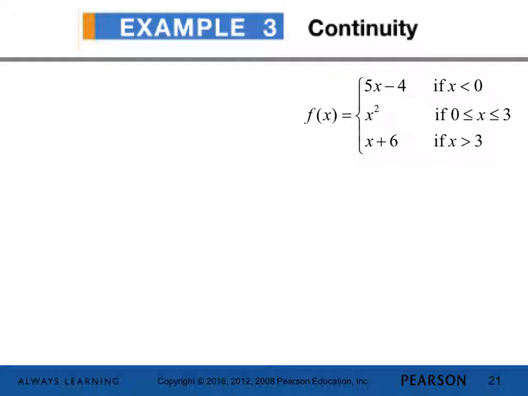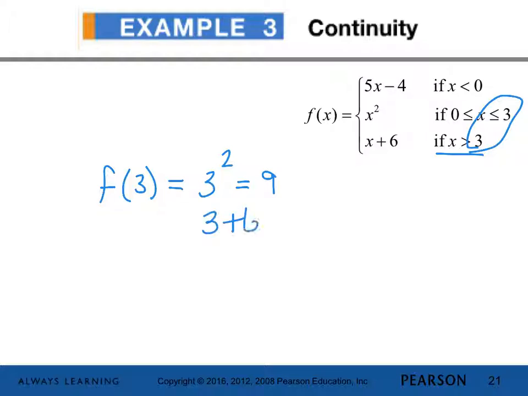So then the other one we'll have to investigate is what's going to happen around 3. So if x is equal to 3, f of 3 is equal to 3 squared, which is 9. But then if x is greater than 3, then it's x plus 6. And 3 plus 6 is also 9.